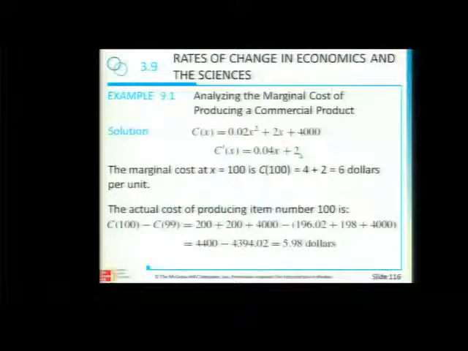And since we are looking at the marginal cost when X equal to 100, that means for the 100th product, the cost to produce it will be like that. So you just substitute X equal to 100 there. That will give you 4 plus 2. So to produce the 100th product, the company needs to spend $6 on it.